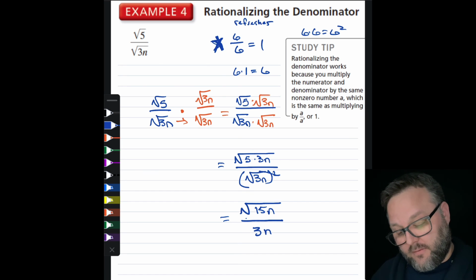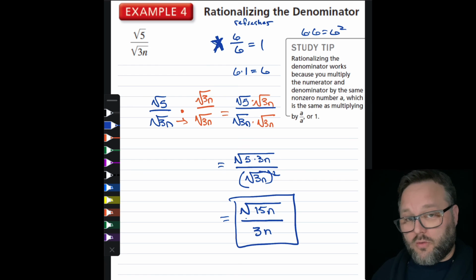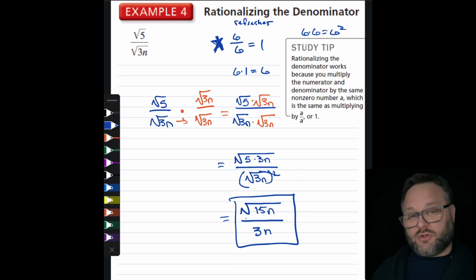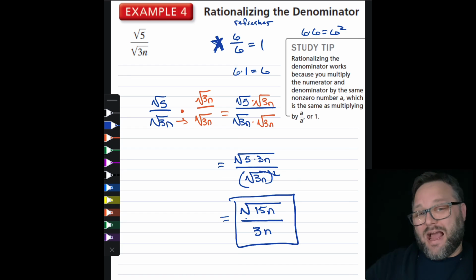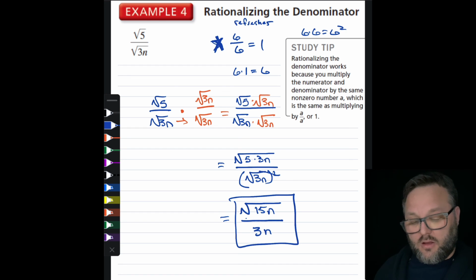And this would be our final answer, because there's no longer a radical in the denominator, but there's no numbers that we can cancel, because we can only cancel numbers that are coefficients or outside of a radical. And that's another reason we want to learn how to simplify radicals, is so we can learn how to simplify them with what's inside versus what's outside of those radical signs.